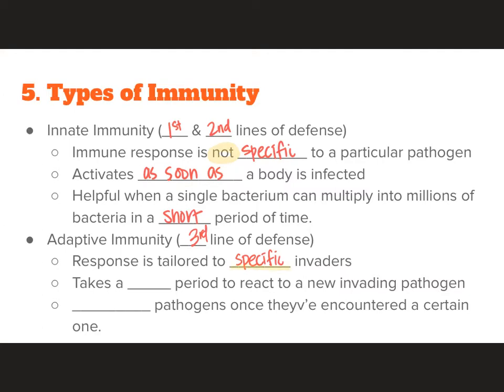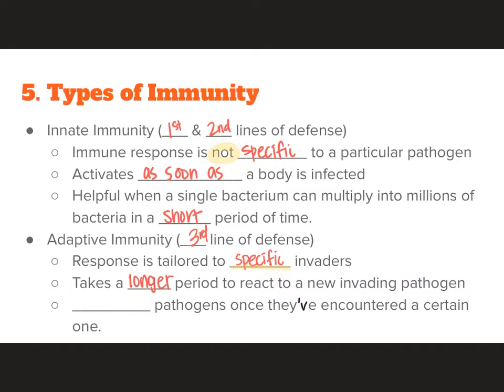Not everything that enters into your body and passes through your innate immunity will have adaptive immunity to respond, because you may have not had any experience with that pathogen. It's going to take a longer period of time to react to a new invading pathogen because your body will have to identify those first. Especially for adaptive immunity, it may take from several days to sometimes weeks for those pathogens to be identified.